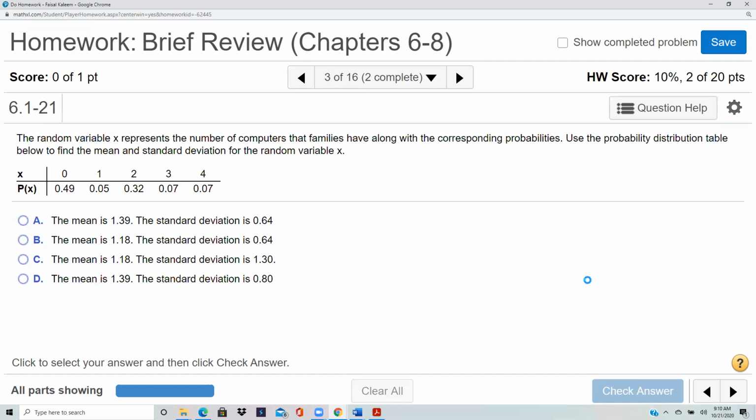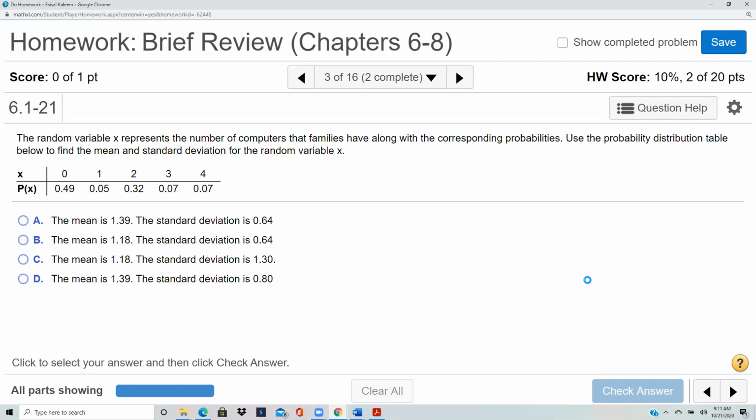So for the mean in this probability distribution, there are two ways, and I think I've taught them both along the way. One is just by hand, and the other is through StatCrunch. So which one do you prefer? StatCrunch. Okay.